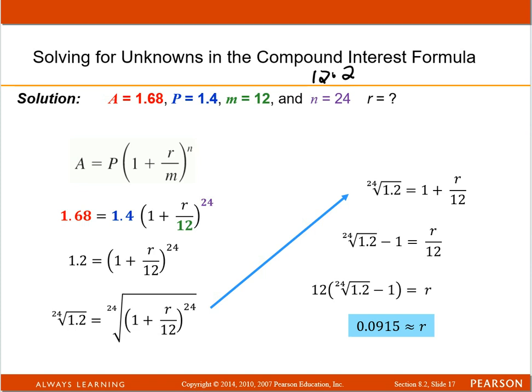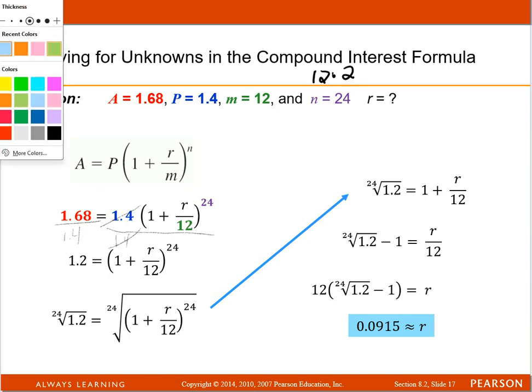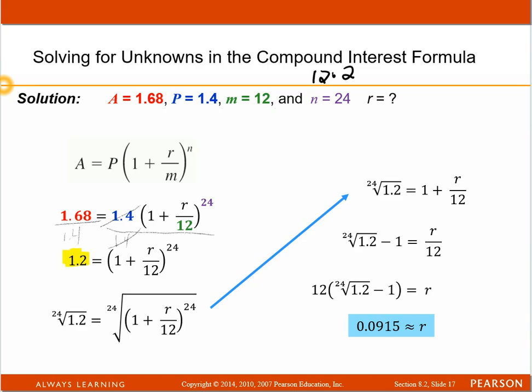And you'll notice they plugged everything in here. Now, this one's a little tricky because you're trying to figure out what the rate is, and the rate R is stuck inside the parentheses. So the first thing they did is they divided both sides by 1.4. So the 1.4 cancels out, and 1.68 divided by 1.4 actually comes out to be a 1.2.